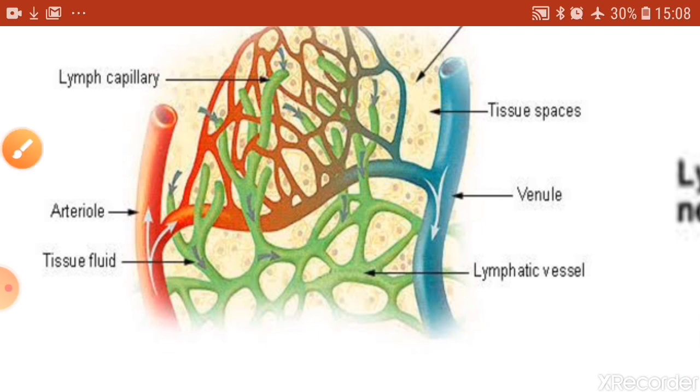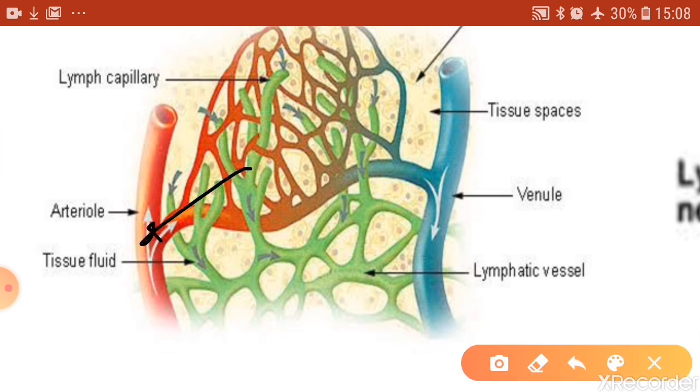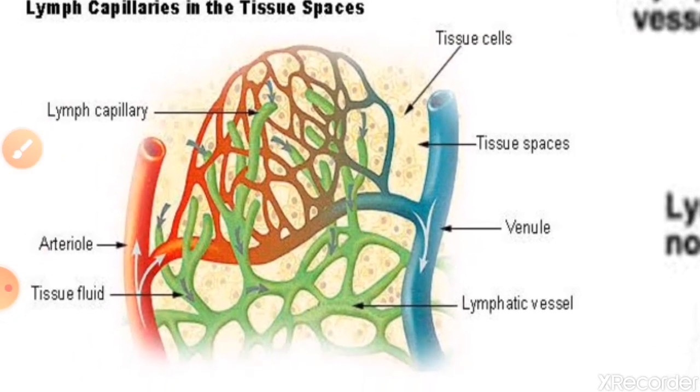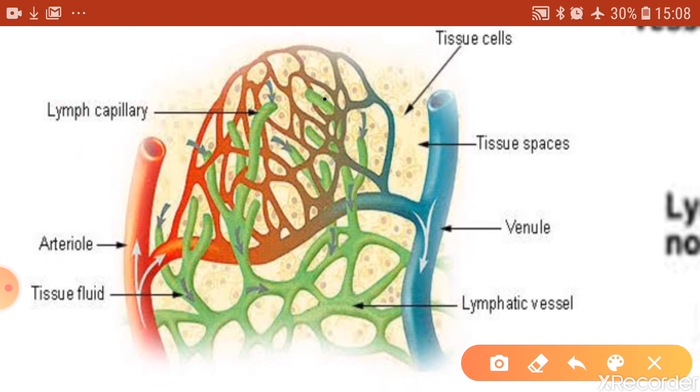The blood capillary, on one side is connected to the artery, and on the other side the blood capillary is connected to the vein, whereas the lymph capillaries have a blind ending in the tissue region.